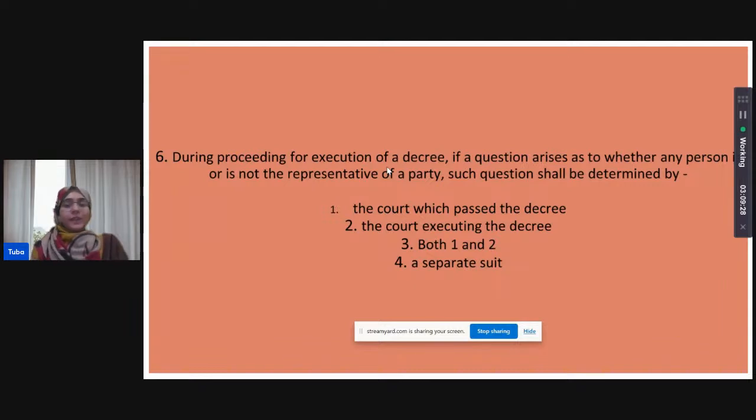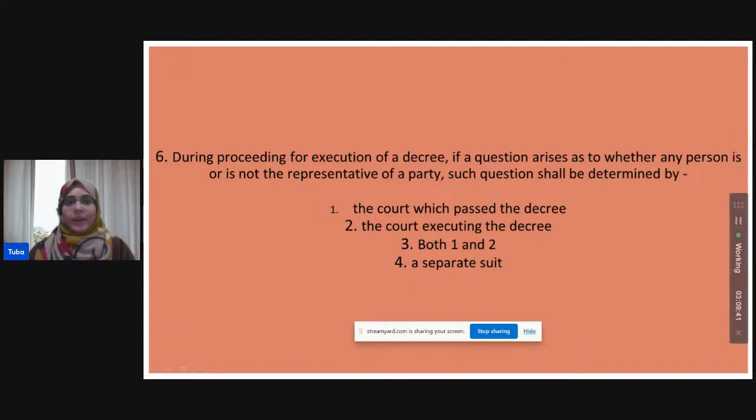During proceedings for execution of a decree, if a question arises as to whether any person is or is not the representative of a party, such question shall be determined by. So, if a question arises during the execution of a decree whether a person is a representative of the party or not, who determines this question? Is it the court which passed the decree itself?